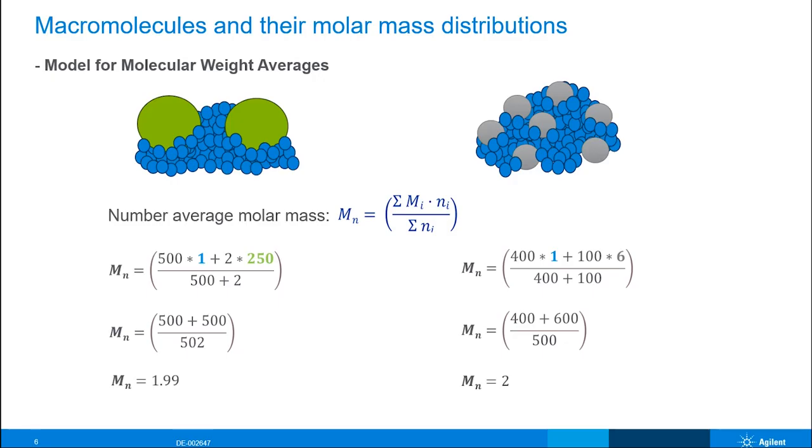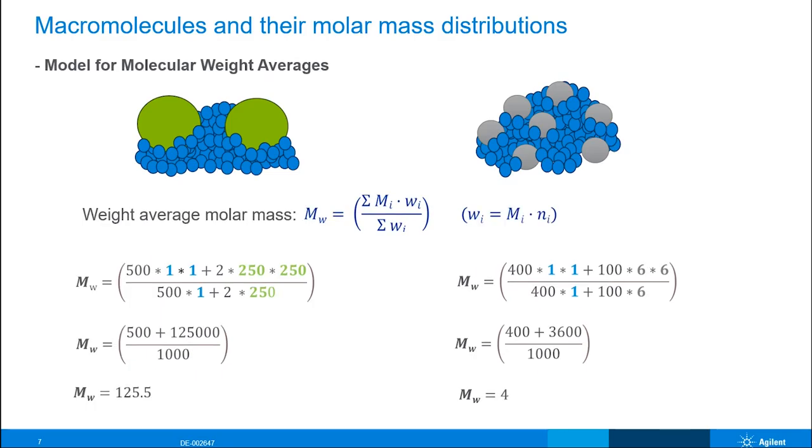If we look to the right with the more evenly distributed marble pile, we can see that the Mn is 2. Having these two really large outliers doesn't have that large of an effect on the Mn number. While what we'll show in the next slide when looking at the next thing that we're calculating, which would be the Mw, or the weight average molar mass, is that these outliers are going to have a much more significant impact on the numbers that are calculated.